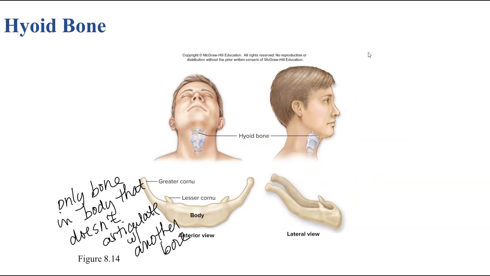So it's in the top of your throat. It is used in forensic pathology because it can break if you're strangled. If it breaks, it's possible that it cuts off your air passageway. So, hyoid bone.